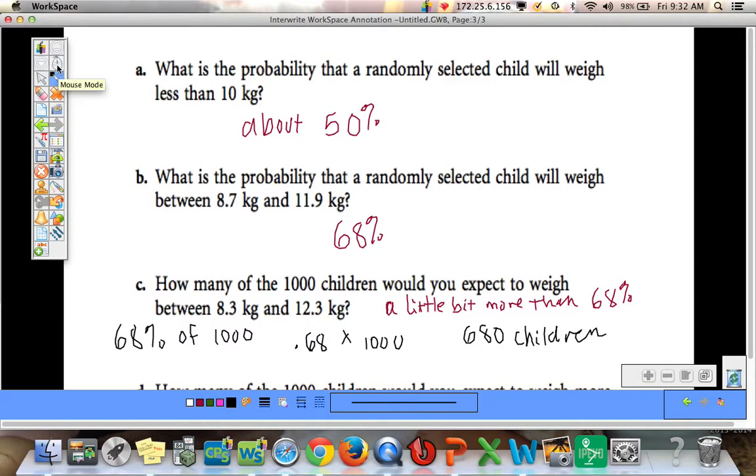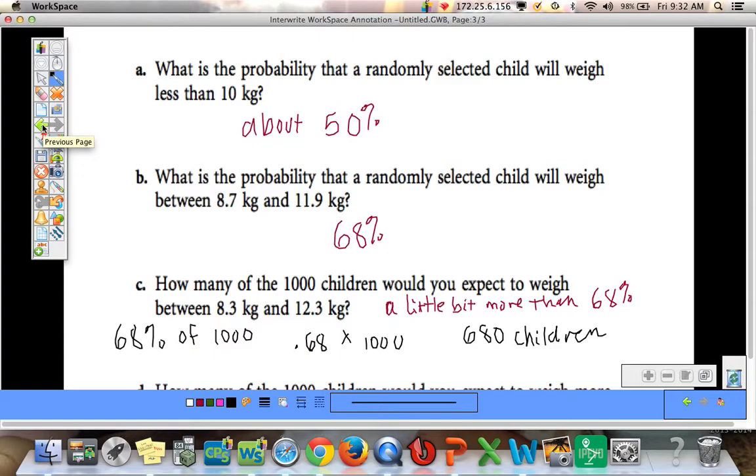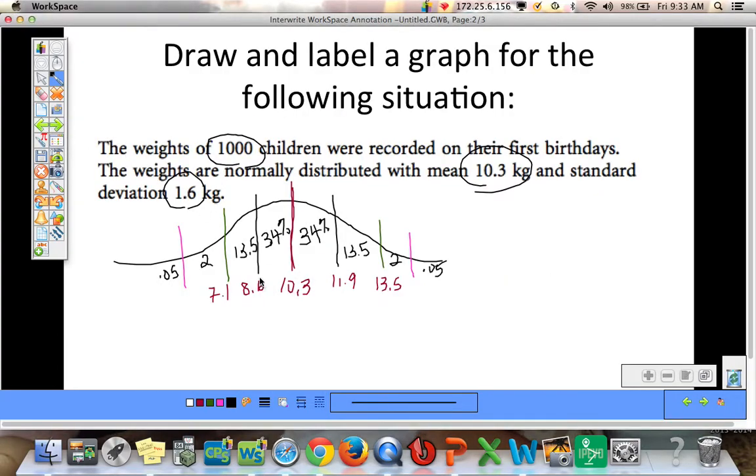Okay, and then the last question, which is kind of cut off: how many of the 1,000 children would you expect to weigh more than 8.7 kilograms? So again, let's go back. 8.7 is about right here. So we're going to add up all these percentages, or we could take 100% and subtract these three percentages.